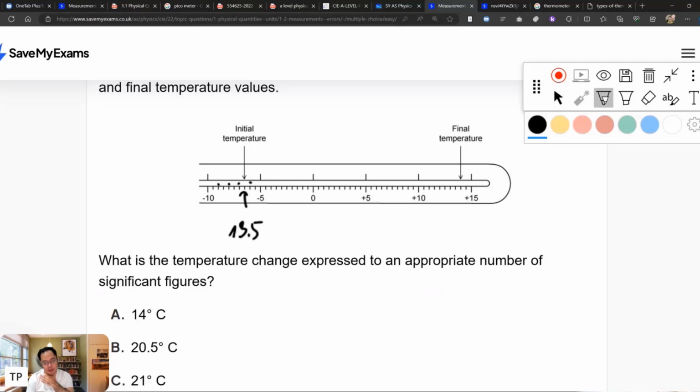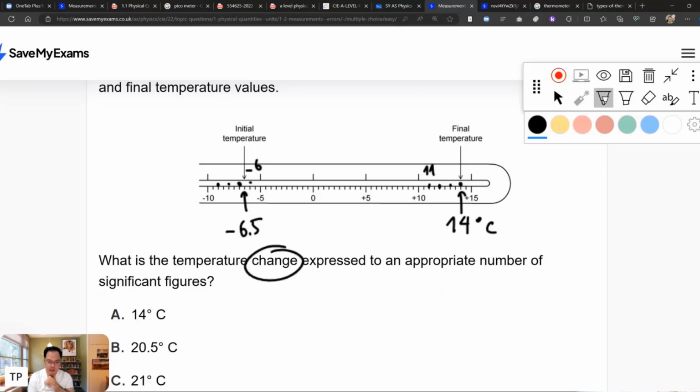Initial is 11, 12, 13, 14, no, minus, it's wrong, sorry. This is minus 6, minus 7 here, minus 8, minus 9. Okay, so this is minus 6.5 degrees.